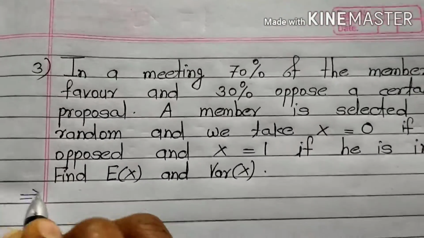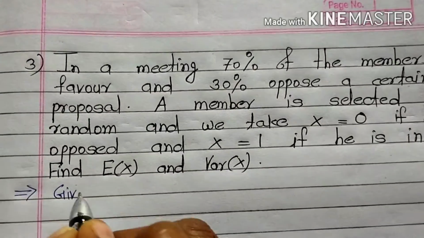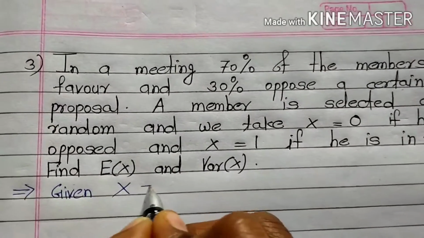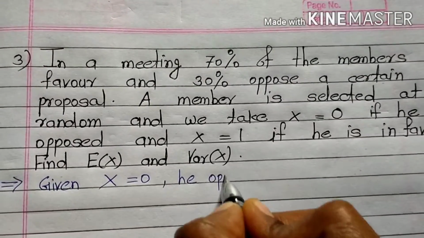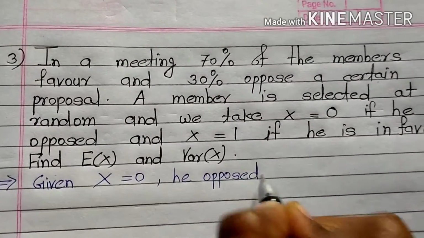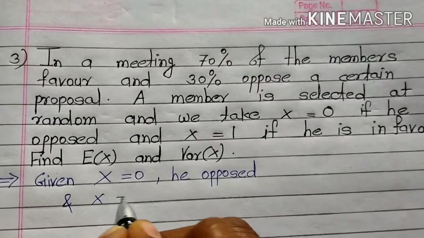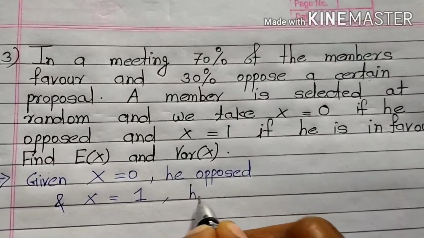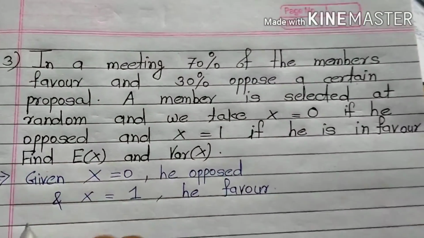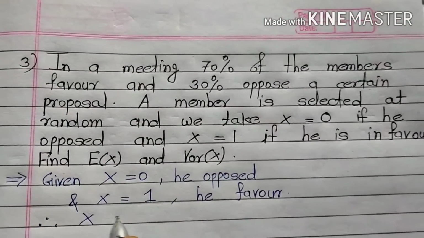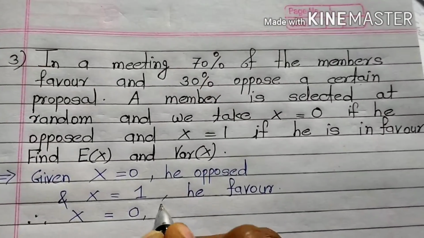First write given: x is equal to 0 if he opposes and x is equal to 1 if he favors. So therefore x can take two values, which are 0 and 1.